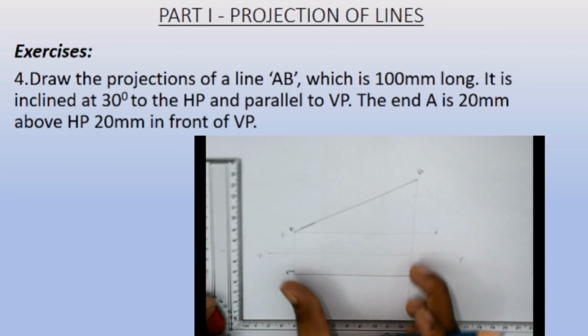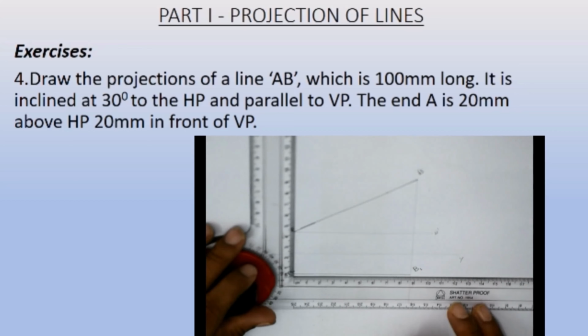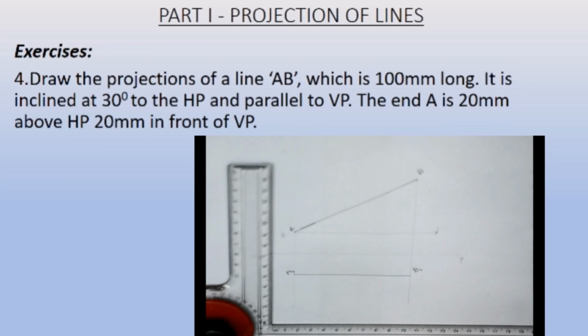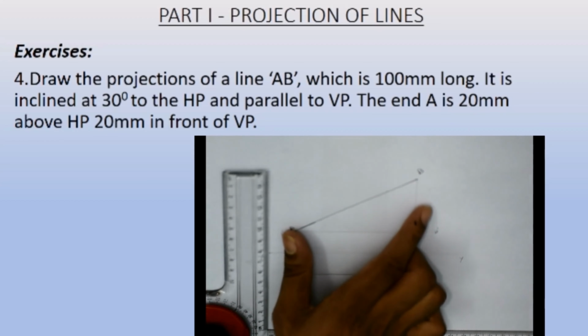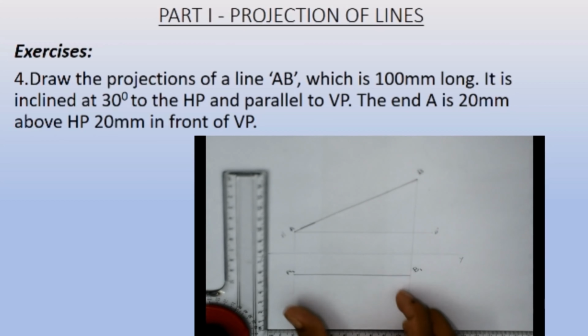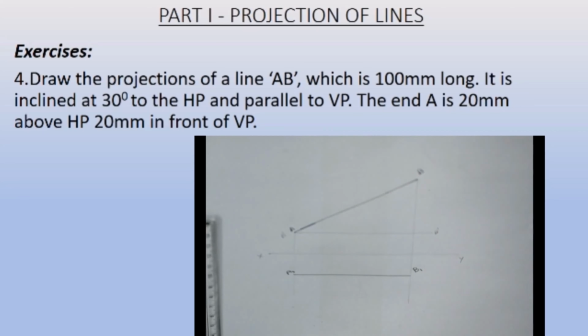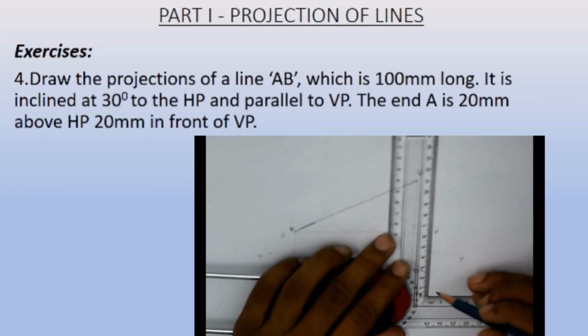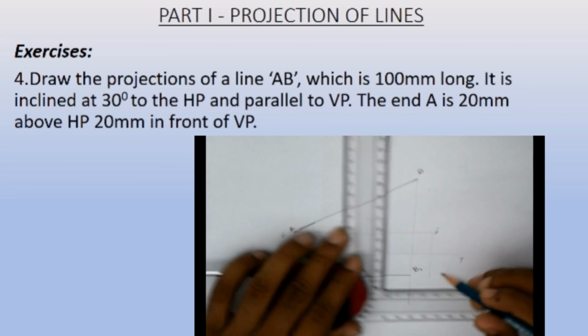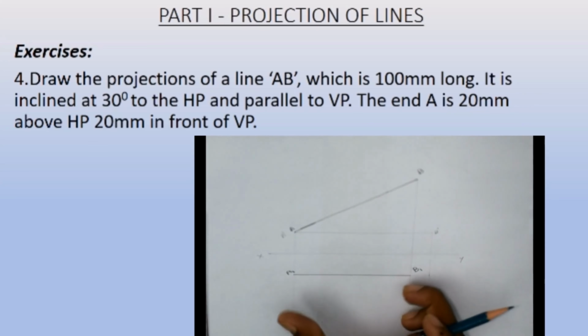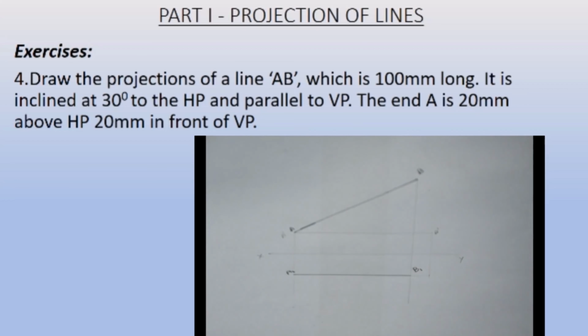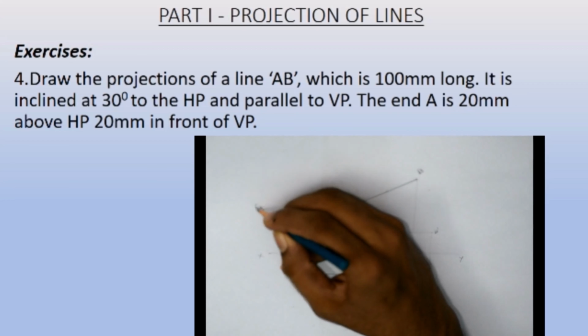In the top view the length will get contracted, so it will not be 100 mm anymore, because when we are viewing from the top, this length got increased because we have rotated this front view first. So we will get a top view of contracted length. You can drag this till this point if you want, but it's not required actually. We have our top view and front view. This was our exercise number 4. Thank you.